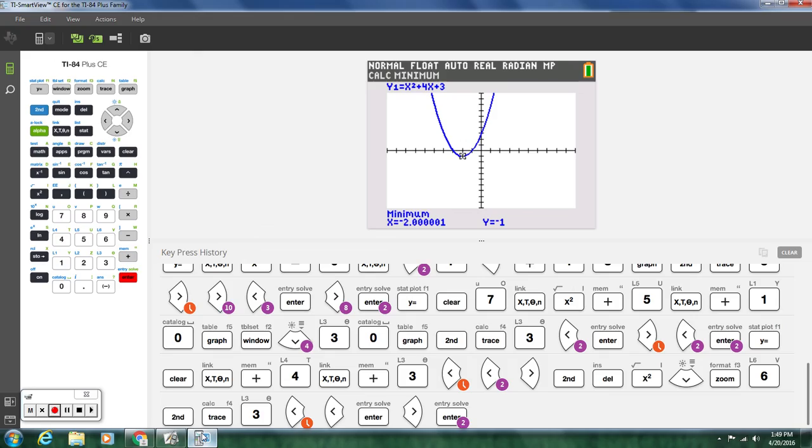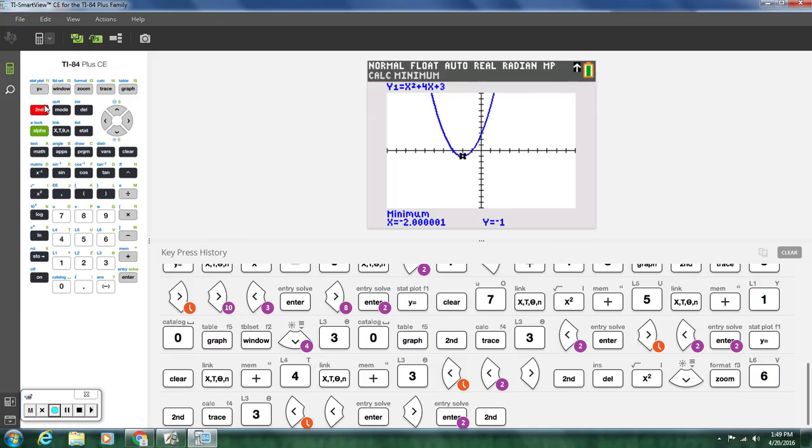Going back to that graph, does it cross the x-axis? Yeah, it does cross the x-axis. Could we find where it crosses the x-axis? Lots of different ways we could find it. One of them would be the table. What is y anywhere on the x-axis? 0.